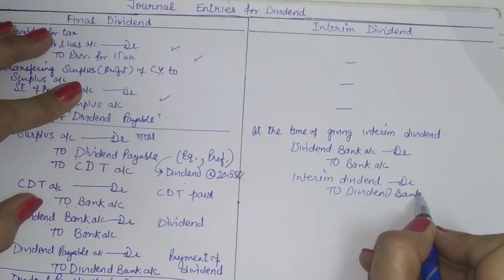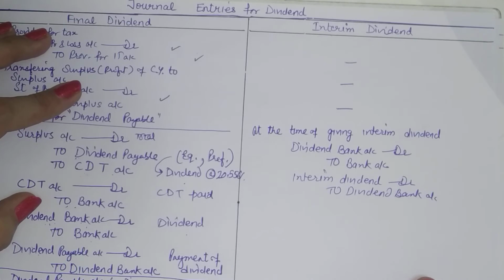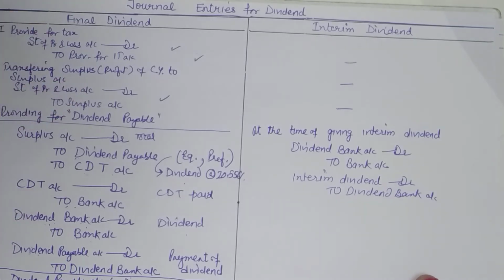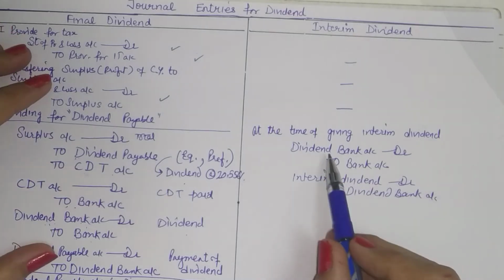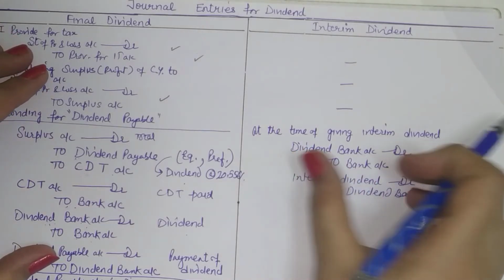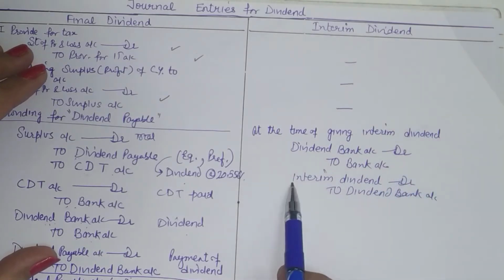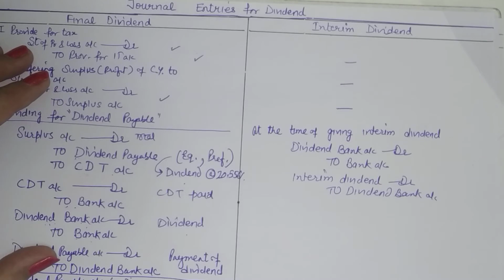Right? So if you are paying say 5% interim dividend on your 10 lakh rupees of capital, so 5% of that will be 50,000 rupees. So you will open a bank account to pay that dividend for 50,000. Then you will pay the dividend as interim dividend to dividend bank. Then you will be paying corporate dividend tax also.